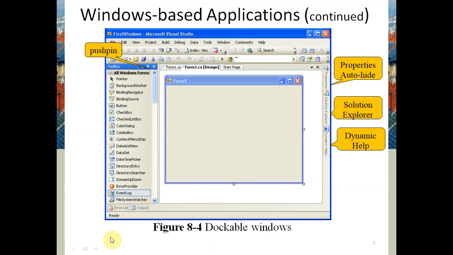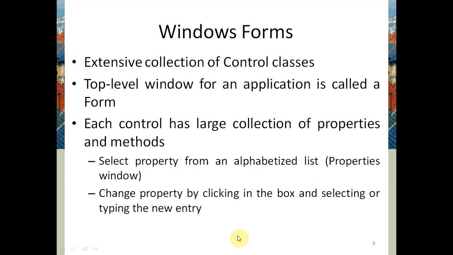This is also called a dockable window. These are the menus; we can take help of these menus also, and after writing the program we will execute it by clicking on this start button. And this is the Windows form.